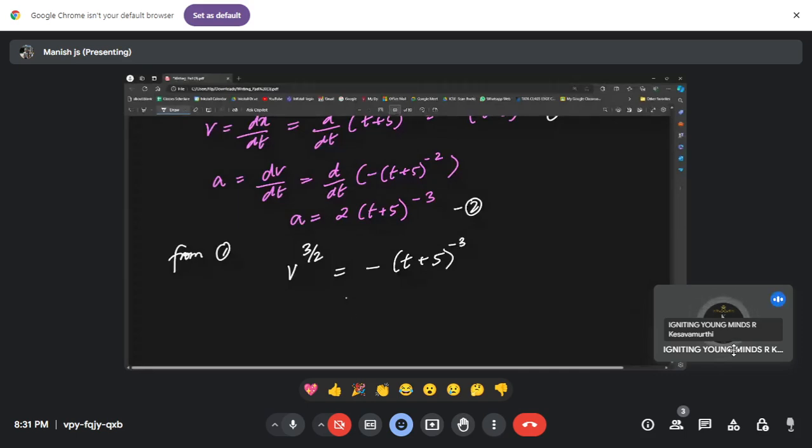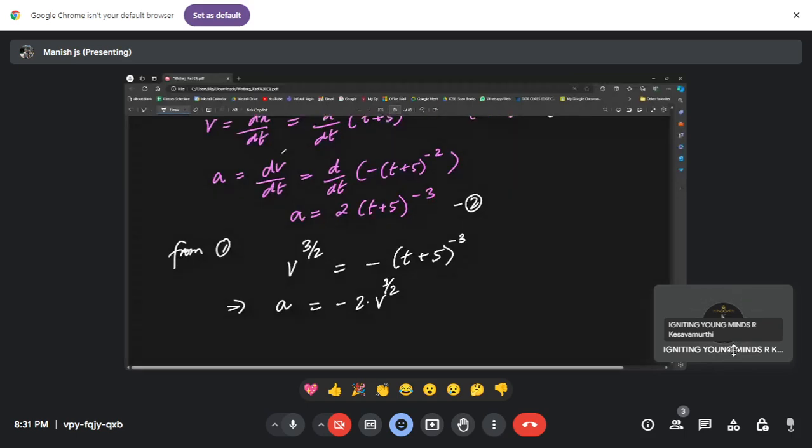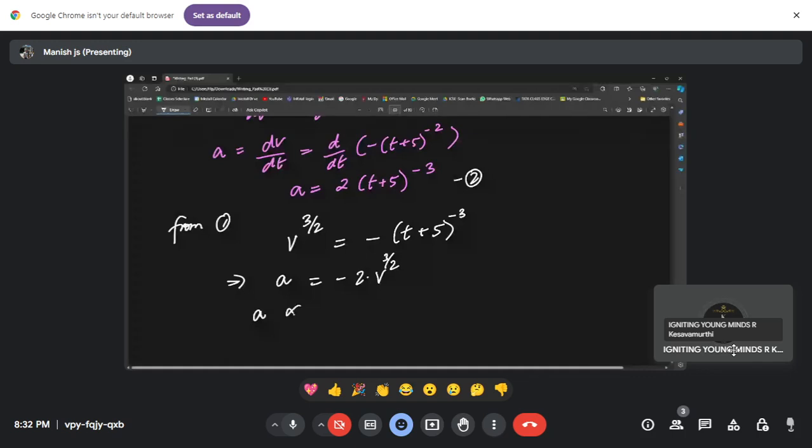So this implies acceleration is equal to minus 2 times v to the power 3 over 2. Once you get this relation, you see that acceleration is directly proportional to velocity whole to the power 3 by 2.